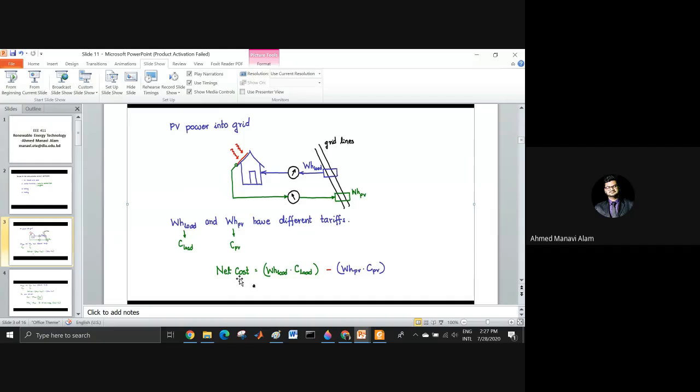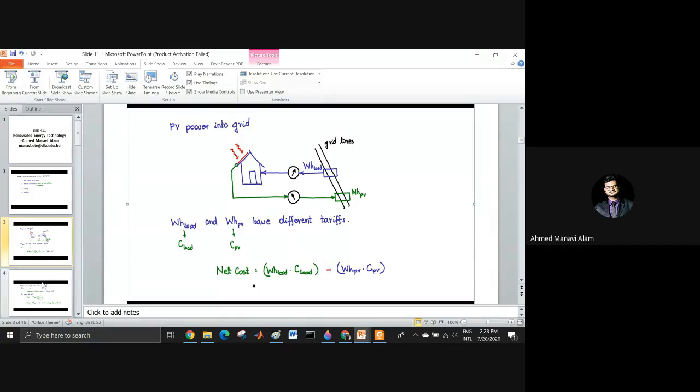That means your net cost is 50 taka. If you bought more than your sale, then there will be a net cost. If you sell more than your load, then you are in profit. The net cost will be minus, that means you are in profit.